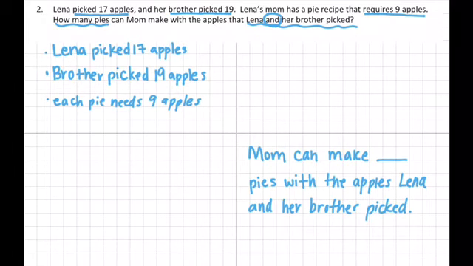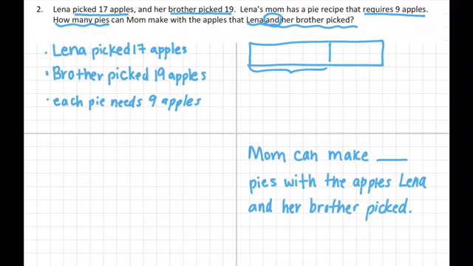And I'm going to use a tape diagram. So what I'm going to do is I'm going to draw me a tape diagram. And I'm going to say, right about here is Lena. Well, I messed up.